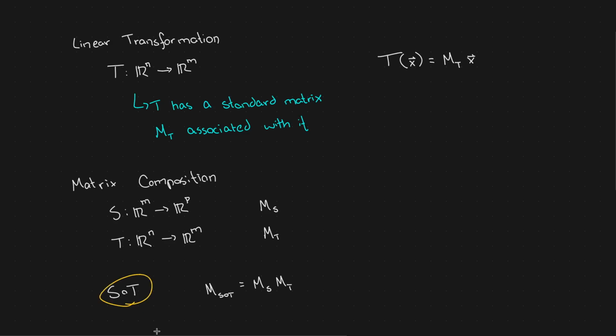Okay, so composition of transformations is very similar to matrix multiplication. There's an analogy here, right?